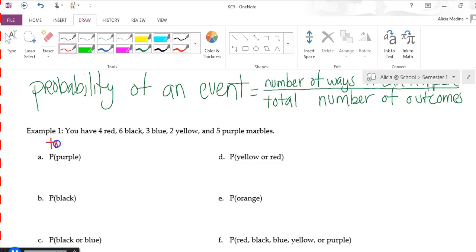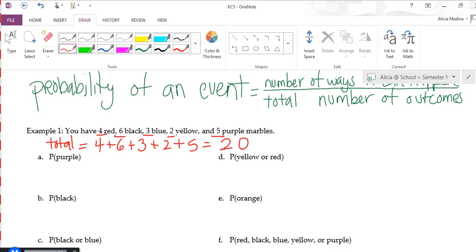We're going to add up all of those: 4 plus 6 plus 3 plus 2 plus 5. 4 plus 6 is 10, plus 3 is 13, plus 2 is 15, plus 5 is 20. So this is going to be our total. That's how many marbles we have in total.